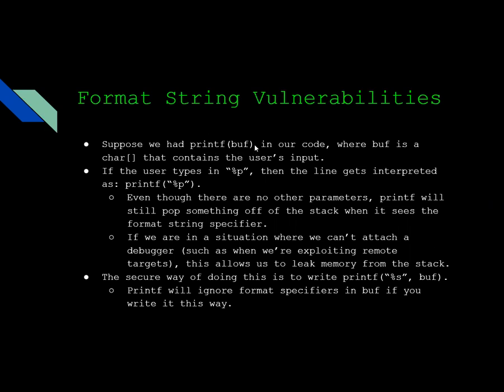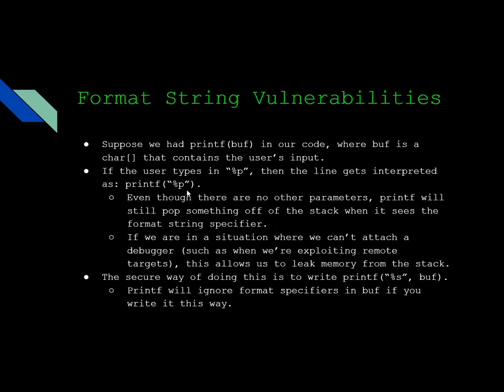The reason is, let's say we control this buffer, and whatever we type in gets stored inside of this buffer variable. If we type in %p, then this gets interpreted as printf %p. And even though there are no other parameters going into the printf function, printf is stupid, and it will still print off stuff that is on the stack.